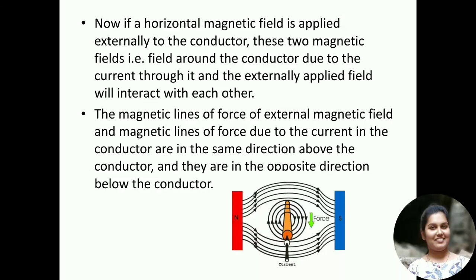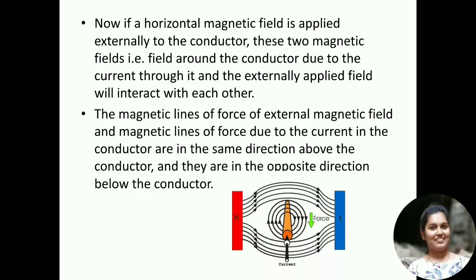That is, if the direction of current through the conductor is inward from the reference plane, as shown in the figure, and now if the horizontal magnetic field is applied externally to the conductor, these two magnetic fields, that is the field around the conductor due to the current through it and the externally applied field, will interact with each other.